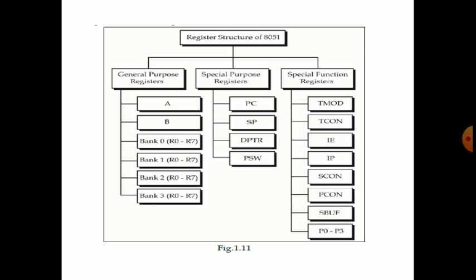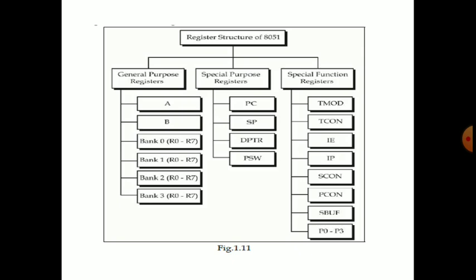If we remember from the features of 8051 topic, we have 4 register banks: bank 0, bank 1, bank 2, bank 3, and in every bank we have registers named R0 to R7, that is 8 registers: R0, R1, R2, R3, up to R7. So we have 4 register banks, an accumulator register, and the B register as general purpose registers.